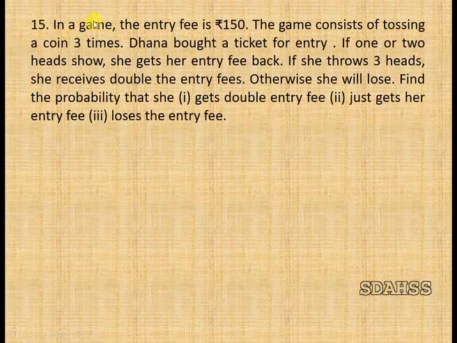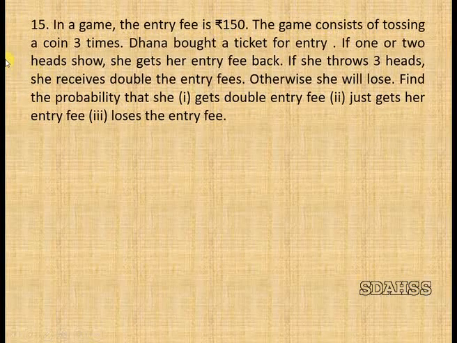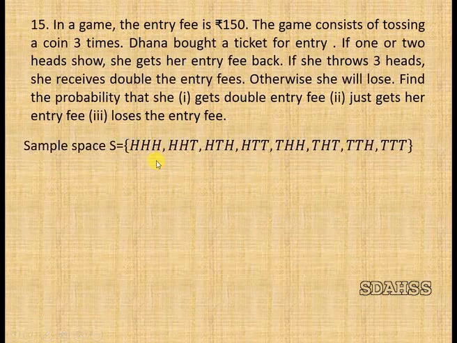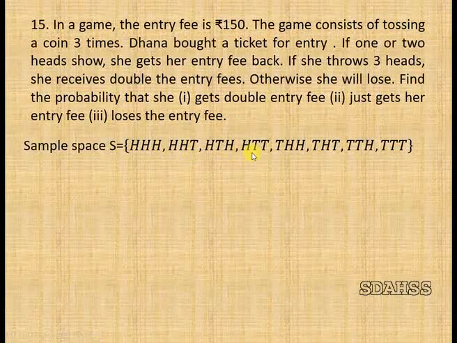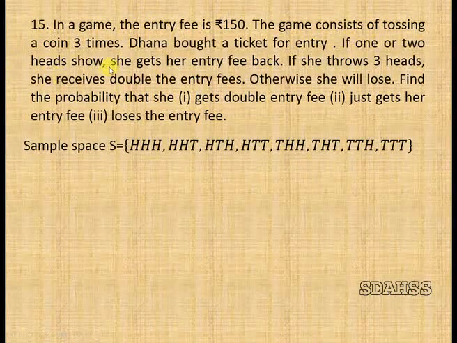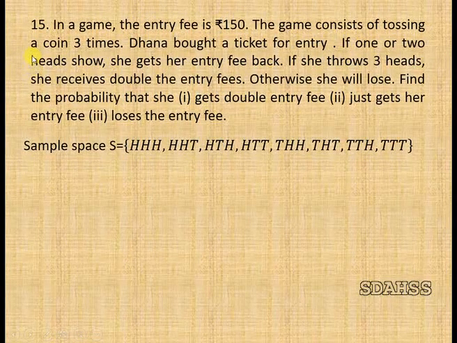15th sum. In a game, the entry fee is rupees 150. The game consists of tossing 3 coins. So S is equal to HHH, HHT, HTH, HTT, THH, THT, TTH, TTT. Dana bought a ticket for entry. If 1 or 2 heads show, she gets her entry fee back.